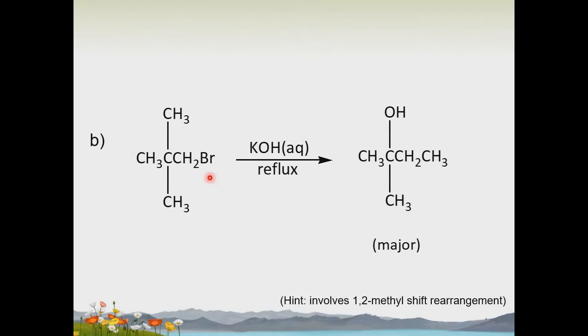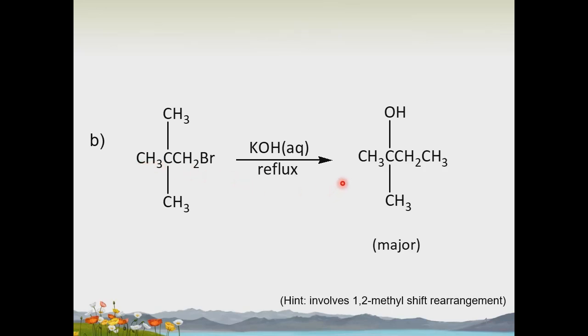The second question for this example involves a compound where you have a bromine attached to a primary carbon. So this is basically a primary haloalkane. The reactant for this reaction is 1-bromo-2,2-dimethyl propane.